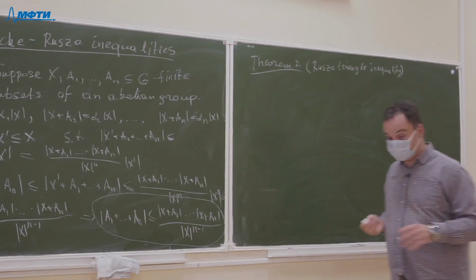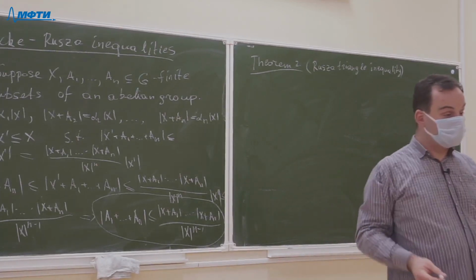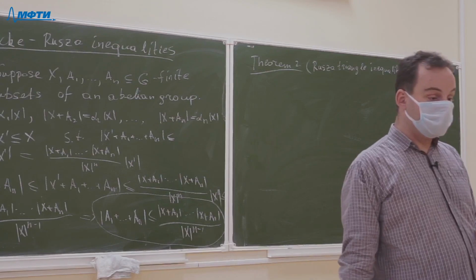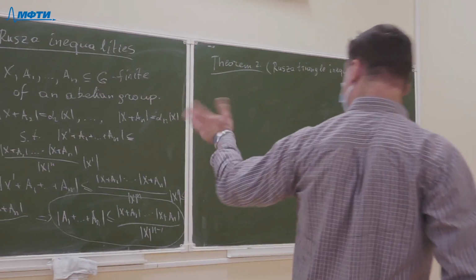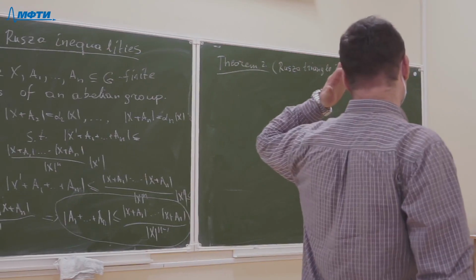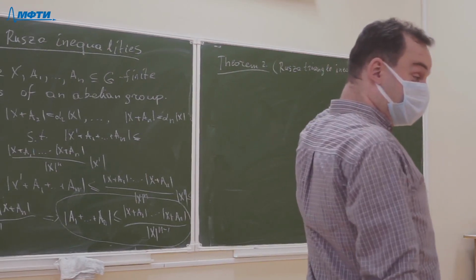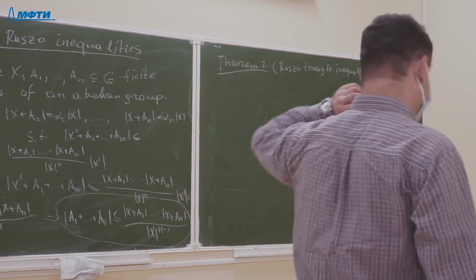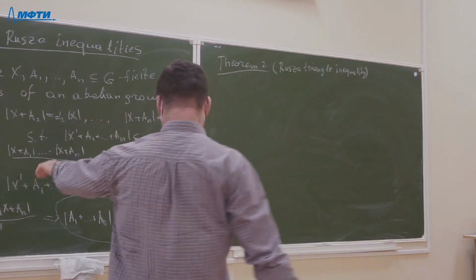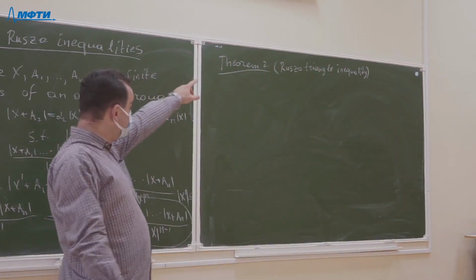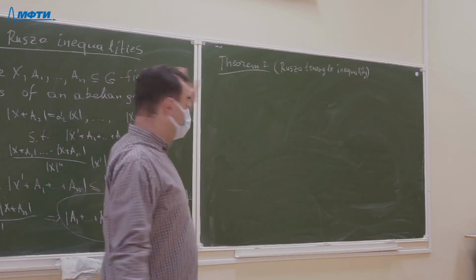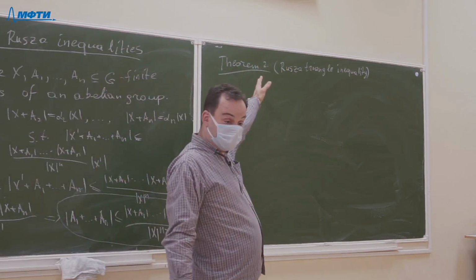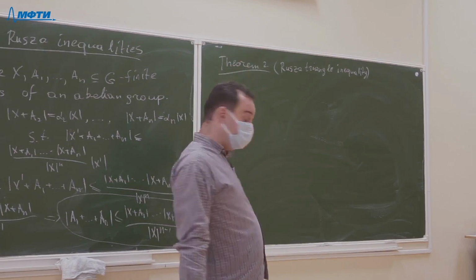This is a partial version of this, actually. This is quite a simple result, which is sometimes used instead of this. So we use either this or this. This is an independent result, but we need both of them.